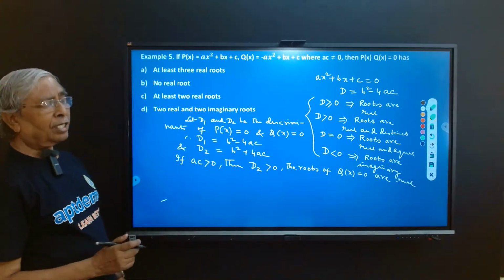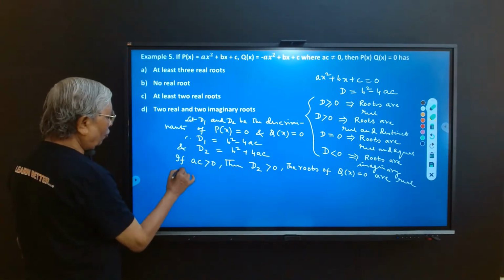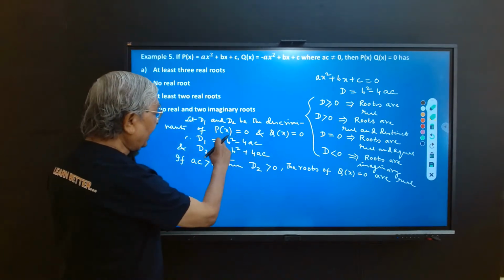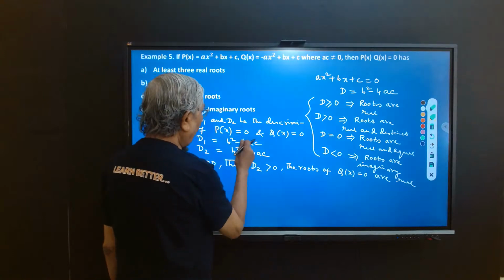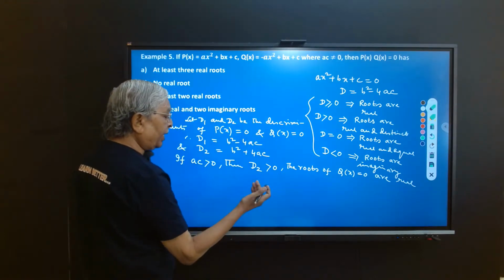Consider the next case. If AC is less than 0, we cannot say anything about D2; the roots of D2 may be positive or may be negative.